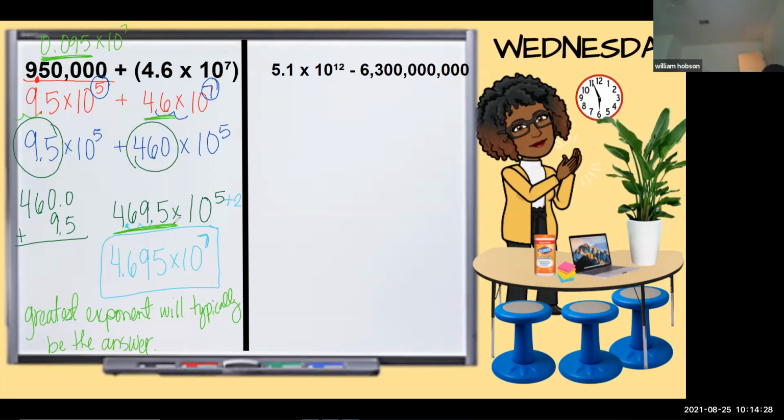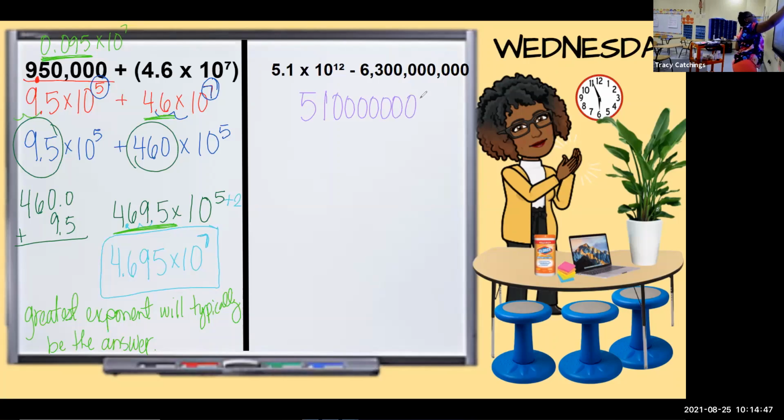All right, for this second example, we're going to look into changing it to standard form. Some of us just have to change it to standard form, and hopefully we can remember those calculations for adding and subtracting. So for 5.1 times 10 to the 12, all right, that's a big number. 51 and 12 zeros.